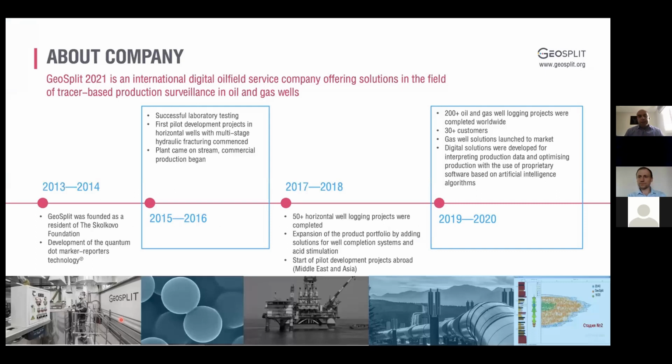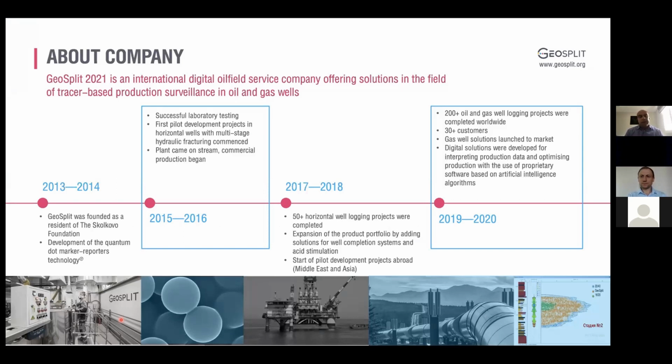Before I start the presentation, just a quick introduction of the GeoSplit company. The company is of Russian origin. Basically, the company has a product portfolio in the domain of inflow tracers. The idea was born back in 2013, when the founder wanted to incorporate chemical tracers into coated proppant.